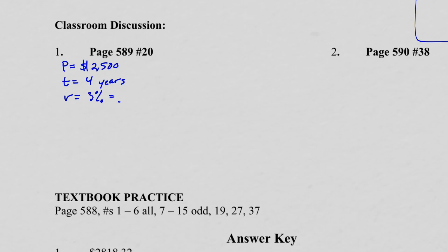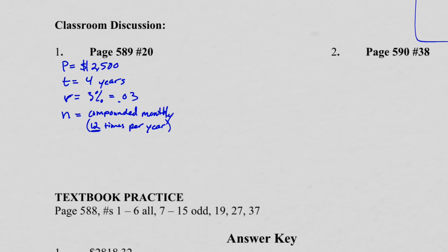I'm going to go ahead and change that to 0.03. And this is compounded monthly. So that means that's 12 times per year. Okay, so n is actually equal to 12.